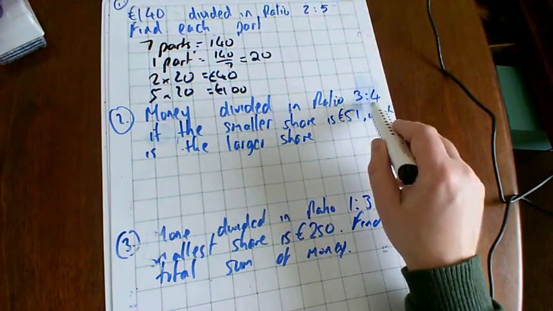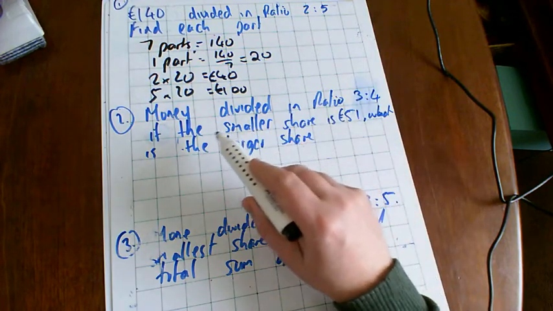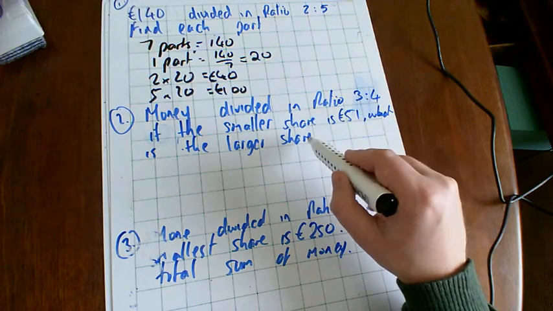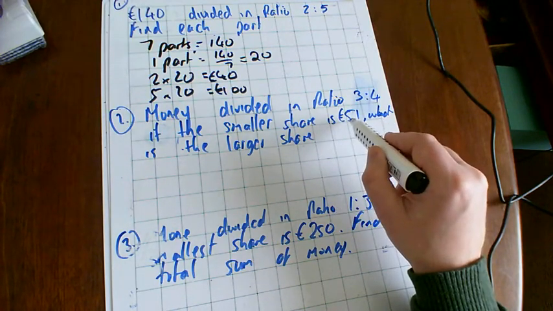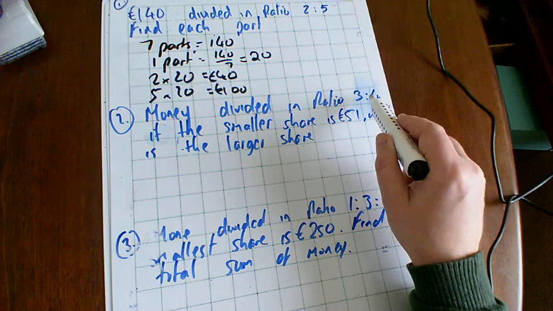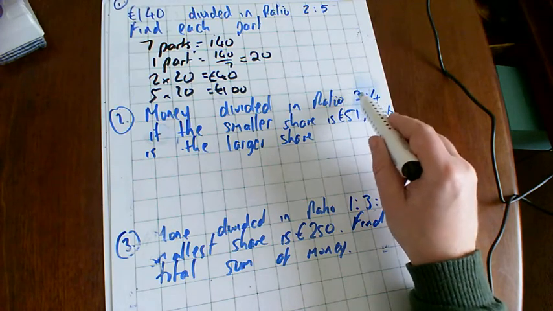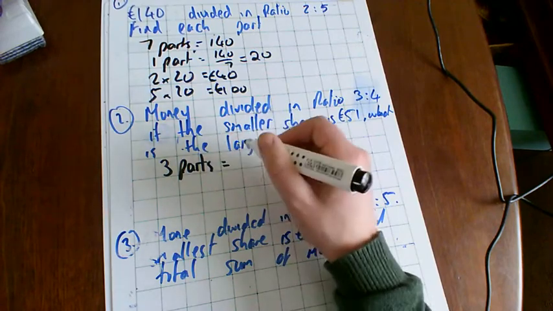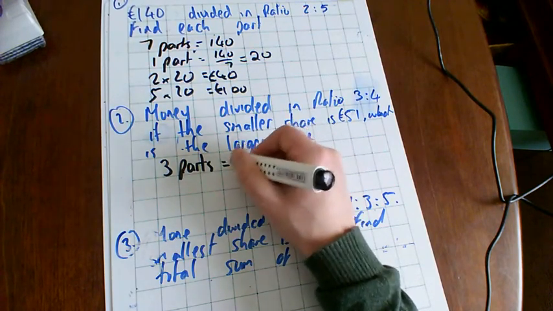Money divided in the ratio of 3:4. If the smaller share is €51, what is the larger share? So €51 is not 7 parts this time. €51 represents the 3 parts. So 3 parts, and you don't have to lay it out exactly like this, you can choose your own way. 3 parts is €51.